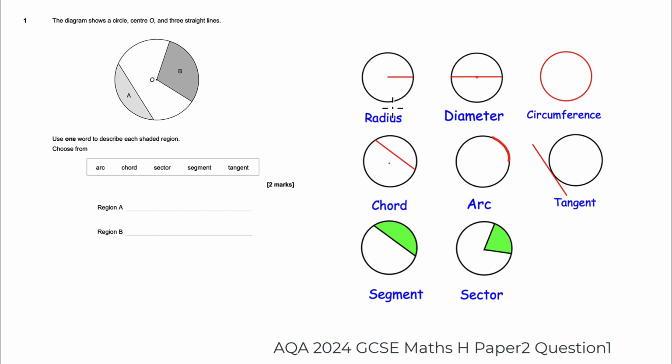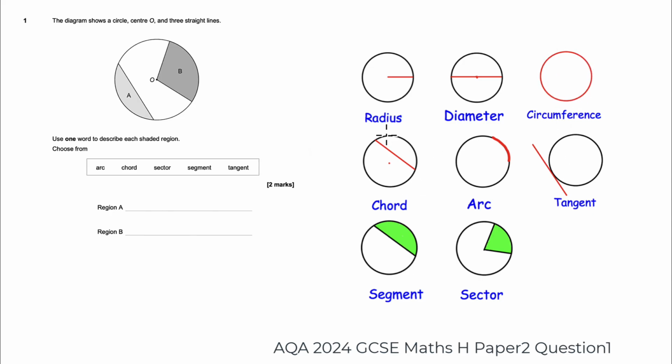Let's look through this. Radius, centre out to the edge of the circle, the circumference of the circle. From the centre out to the circumference, that's your radius. Diameter goes right through the centre from one point on the circumference to the diametrically opposite point on the circle. Circumference all the way around the circle.